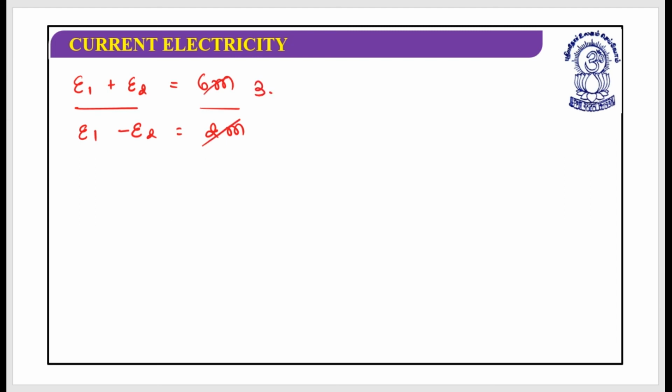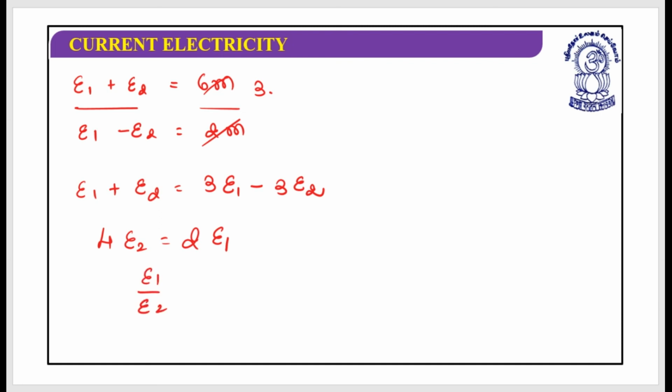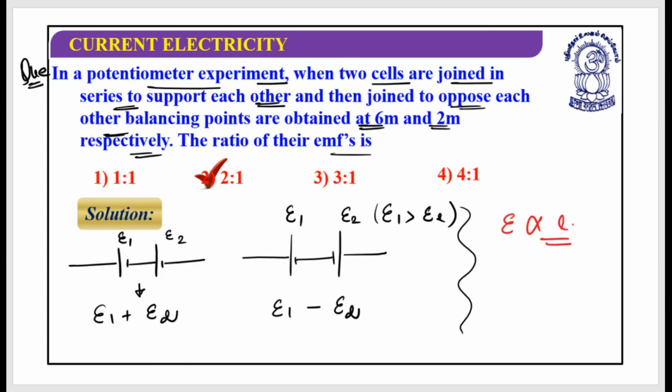This is 3 over 1, so E1 plus E2 equals 3E1 minus 3E2. So this is 4E2 equals 2E1. So E1 by E2 can be written as 4/2, which equals 2:1. Yes, this is the correct answer. What was yours? Is it the same?